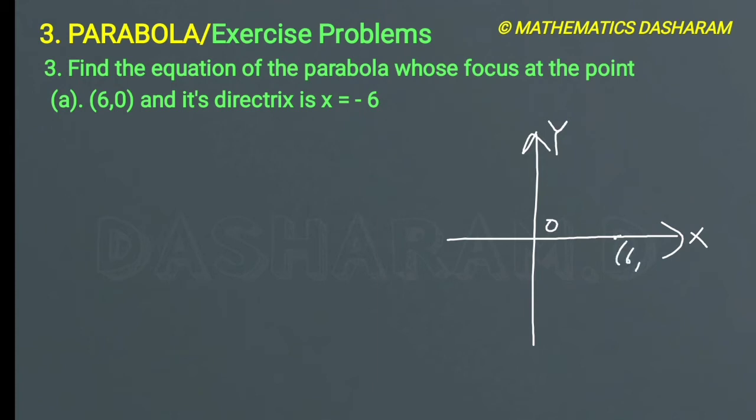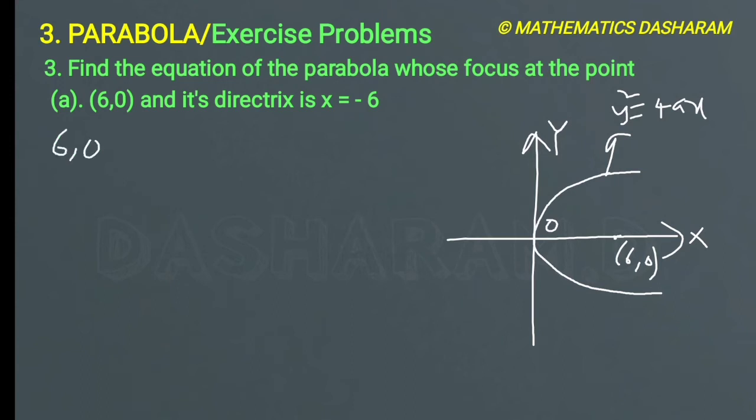So that means the parabola is a right side parabola, and its standard form is y square equals to 4ax. So 6, 0 compare with a, 0, because the focus is a, 0 for y square equals to 4ax. So a value is 6.